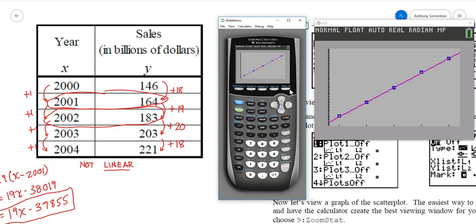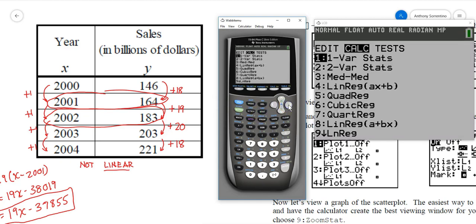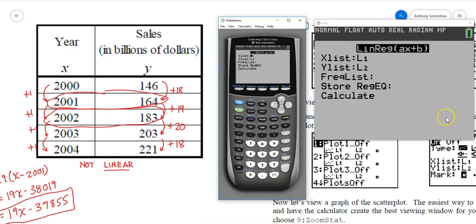However, I want to find the actual linear regression equation. So now, I'm going to quit out of here. Going back to stat again, I could go back to calc for calculate, and I'm going to choose choice number 4. The X list is L1, Y list is L2, no big difference there. I can choose to store the regression equation.